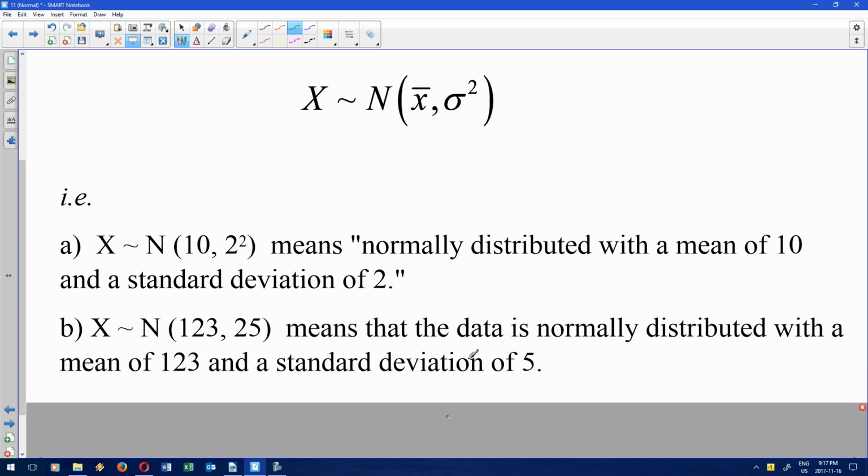And if I wrote it like this, x is N(123, 25), that means again that it's normally distributed, but because I didn't write the squared there, I have to think for a minute and say, okay, I take the square root, so my standard deviation is 5. So this is just a notation that's used, so just know what the notation means and how to write it down.